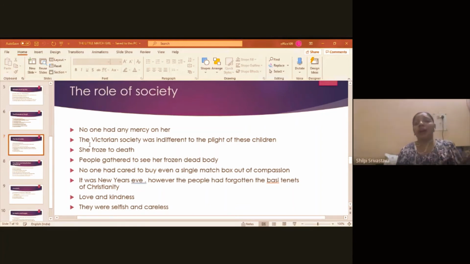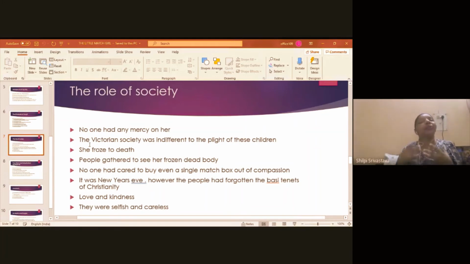If you read the parables, if you go through the Bible, the stories and the parables, they reflect upon that. Jesus only served the poor. He even tells, the moral of the story is that when you serve the poor, you are actually serving God. But then people had forgotten about these teachings of Jesus Christ. For them, Christmas was only a celebration to bring the family together, have a nice feast, exchange gifts, etc. So that's all what Christmas was meant for.